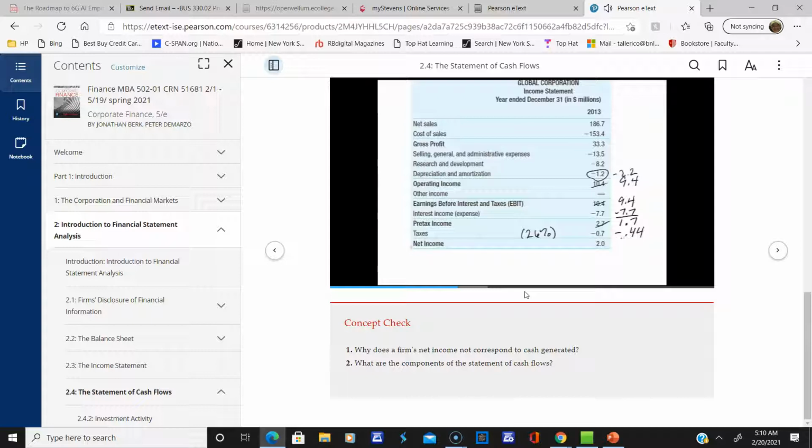And so our net income, instead of being 2 million, it's going to be less than it was before, but not less by the full $1 million because we pay less in taxes as well. So it's going to be 1.7 minus 0.44 or 1.26.